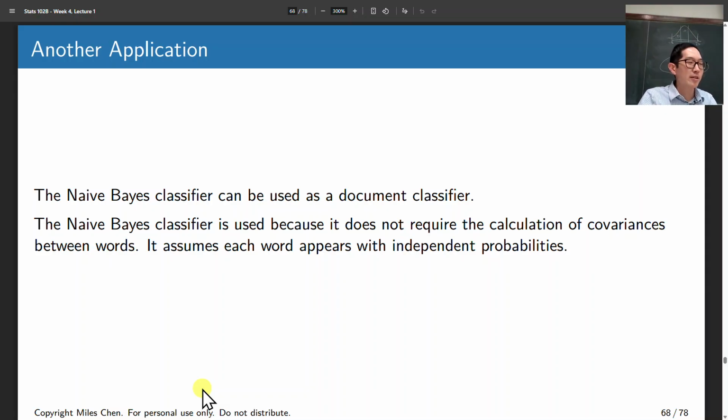And this is why we want to use the naive Bayes classifier, because if you don't have the naive assumption, then you have to calculate all the covariances between all of the different words. Sure, some things are going to have high covariances. Like if you have a document about sports, okay, the words player and team will probably have high covariance, right?